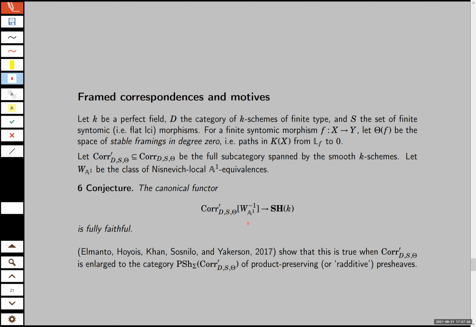So it is true that if I take this thing and then localize it at the Nisnevich local A1 weak equivalences, then this thing does embed in the motivic stable category as what they call the very effective objects, where very effective objects are basically just by definition the image of this.